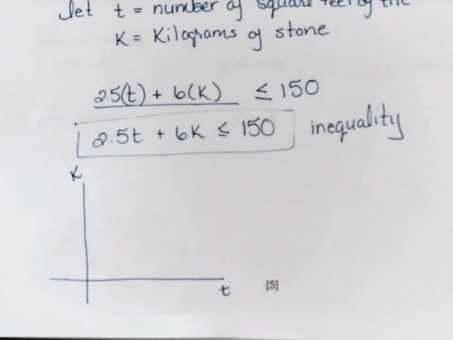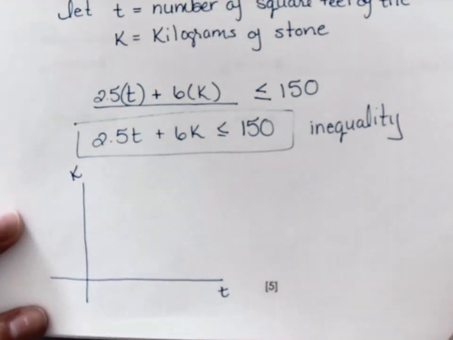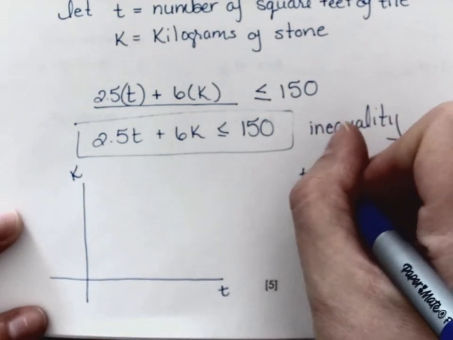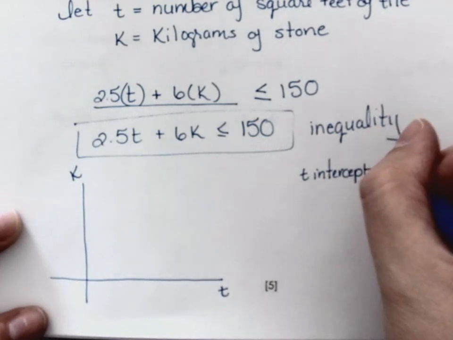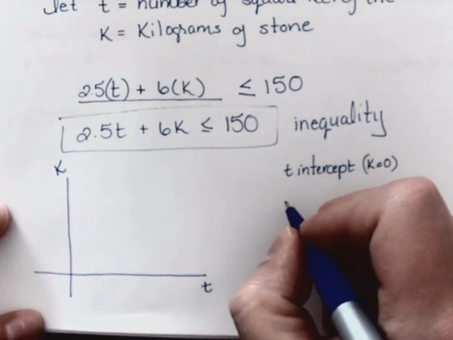So I want you to find the K-intercept and the T-intercept. If we're looking for the T-intercept, that's just your X-intercept, so we know K has to be 0. I know we always talk about it as X and Y, but it's good sometimes to put different variables on it. You do the exact same thing.